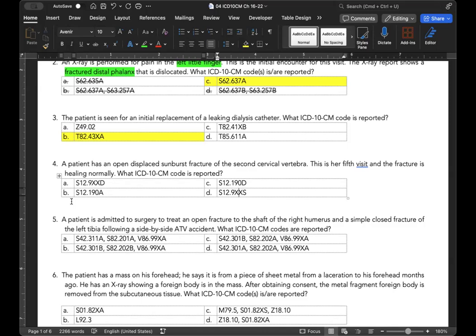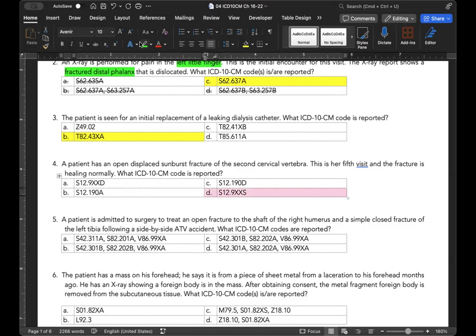S12.190 is other displaced fracture of the second cervical vertebrae. So for this one, it is going to be the S12.190 because the S12.9 is for a fracture of the neck unspecified.